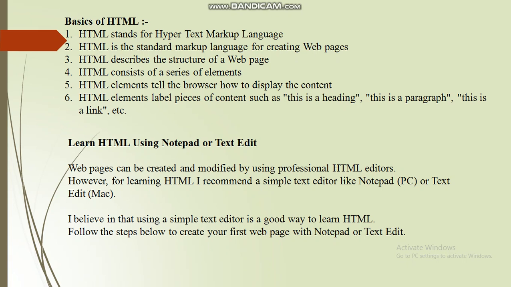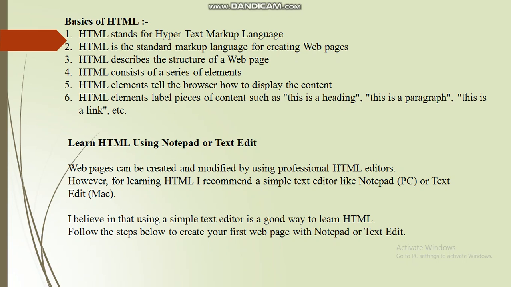Next, in 1986, this language was modified and launched with the name SGML, Standard Generalized Markup Language. Later on, in 1989, Tim Berners-Lee and his team redesigned the language and named it HTML.